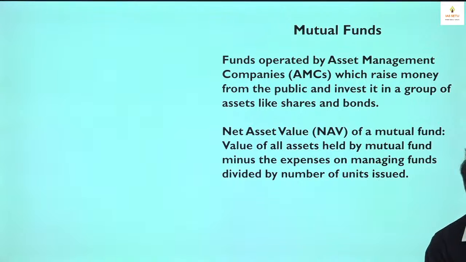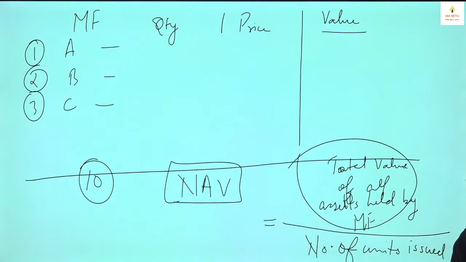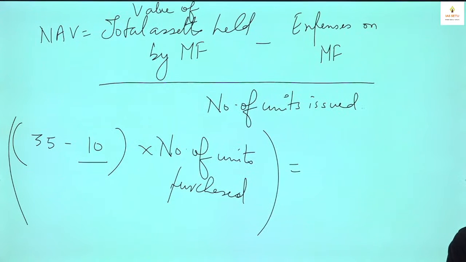Then write down, mutual funds are traded. Traded means bought and purchased at NAV. At NAV, net asset value. Now you can write this formula. Write down NAV of a mutual fund.